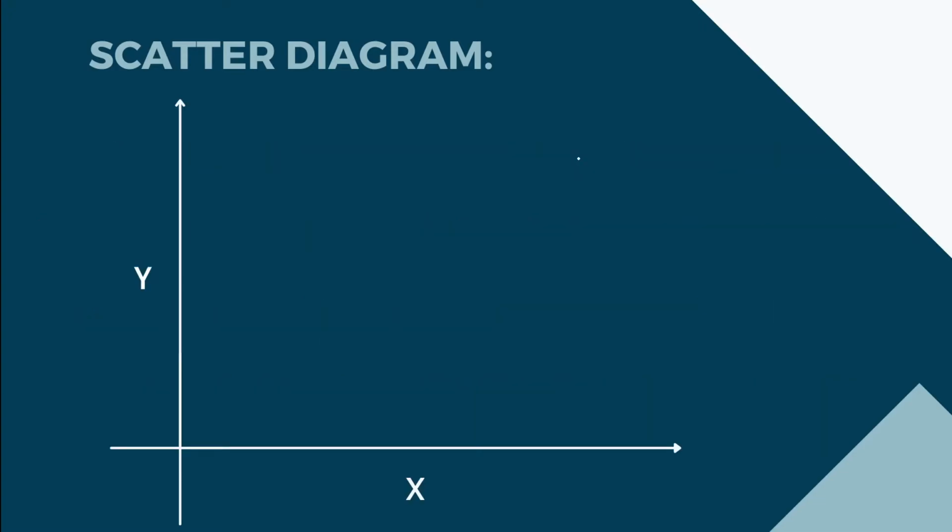Suppose we take one variable x along the x-axis and the other variable y along the y-axis and plot the points on graph paper as (x, y). Suppose the points are like this. Let me plot.